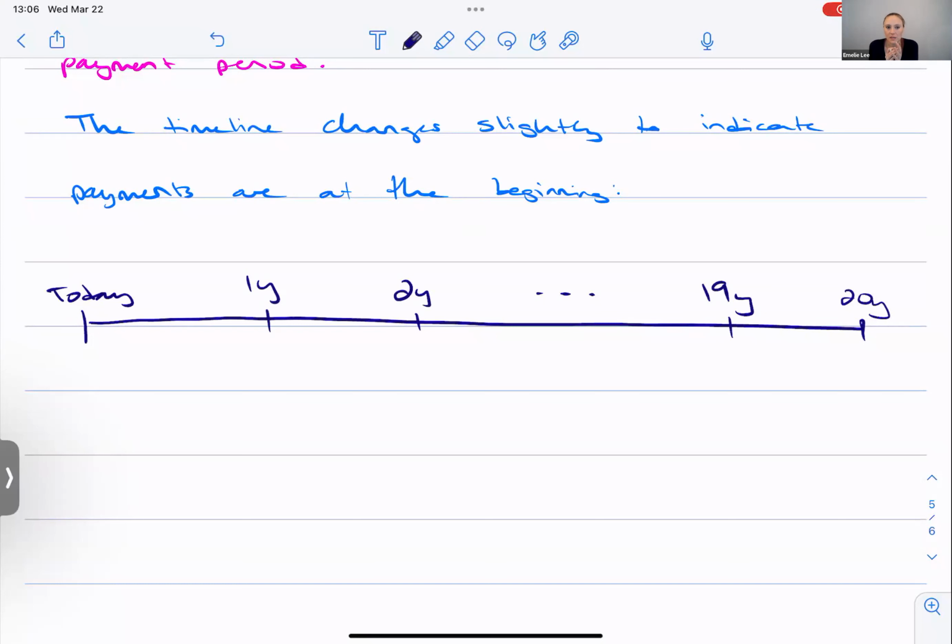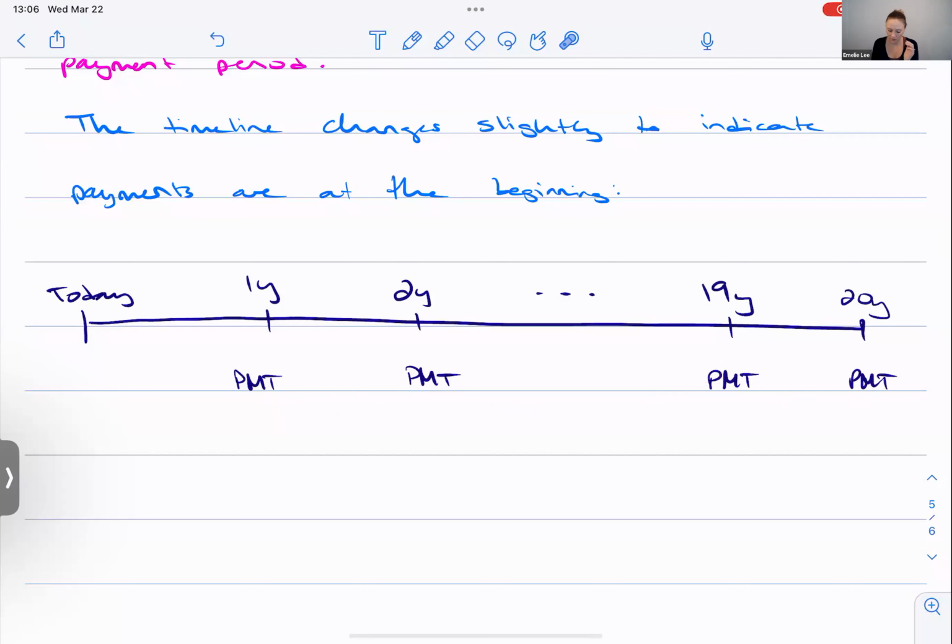What happens is, previously our payment amount was here, right? This first one is at the end of the year from today. The second one is at the end of the year 2 years from today. At the end of the year 19 years from today, and at the end of the year 20 years from today. So what happens is this payment, instead of being at the end, is now at the beginning.